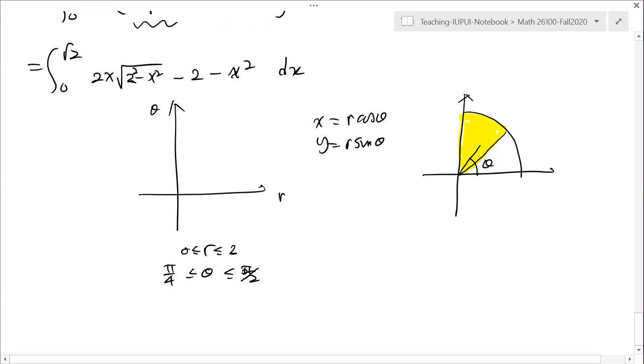So actually this rectangle is sent to that region under that map. This is my D, that's D bar.